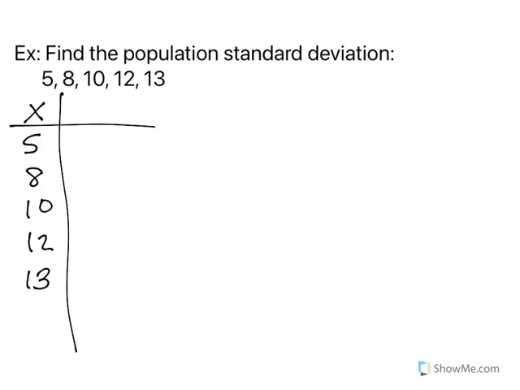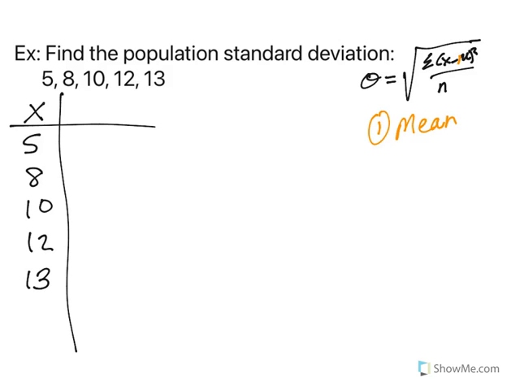The formula I'm working with here is sigma equals the square root of the summation of x minus mu squared all over n. In the numerator, we have data value minus the mean. So step one is to find the mean. I add my 5 values together, 5 plus 8 plus 10 plus 12 plus 13, and I get 48. 48 divided by 5 gives me 9.6.